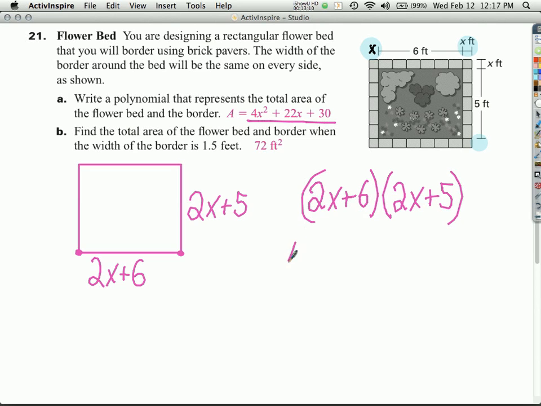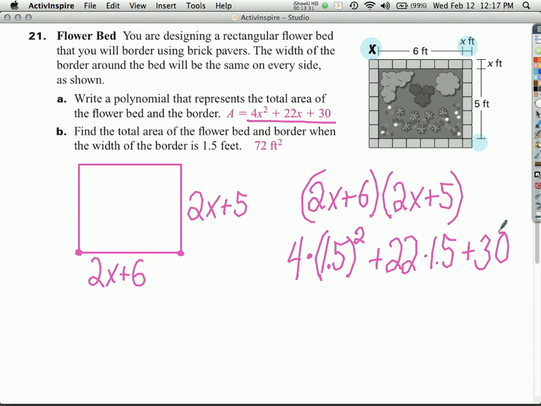But here's what you should have done. 4 times, and I'm thinking maybe this is where the mistake is, 1.5 squared. That's squared, so you have to square that first, then multiply times 4. Plus 22 times 1.5 plus 30. So once you go ahead and retry it, now that you're seeing it, because I can tell by your reaction that you forgot the square, right? Ah, but you can't do that, right?